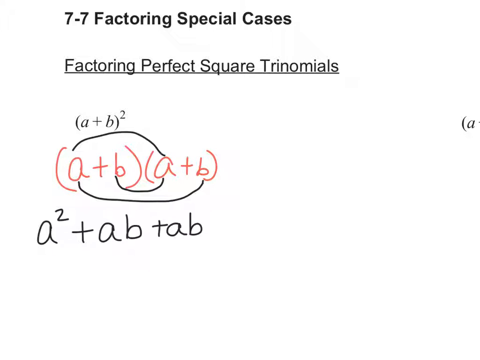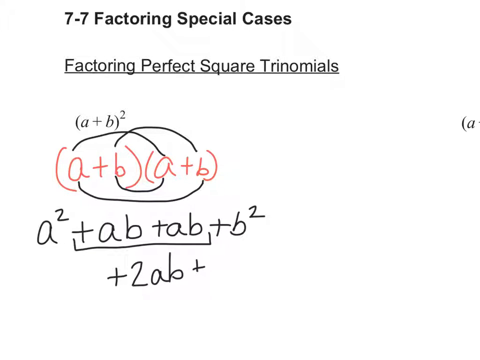All right, b times b, b squared. So what's ab plus ab? Not squared, that's not ab times ab. 1ab plus 1ab is 2ab. There we go. If I bring down the first and the last terms.